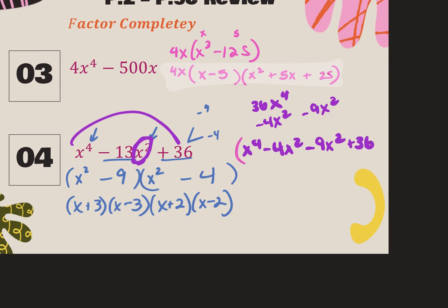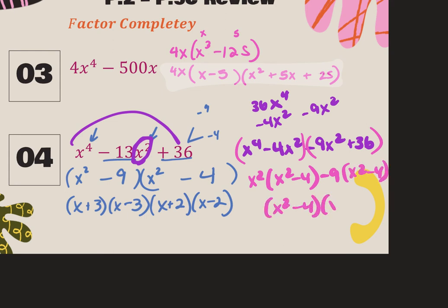And then you can factor by grouping. Take out an x squared and you'd get x squared minus 4. Take out a negative 9 and you get x squared minus 4. And then the x squared minus 4 comes out and the x squared minus 9 gets grouped together. And then that gets factored into these two differences of two squares.